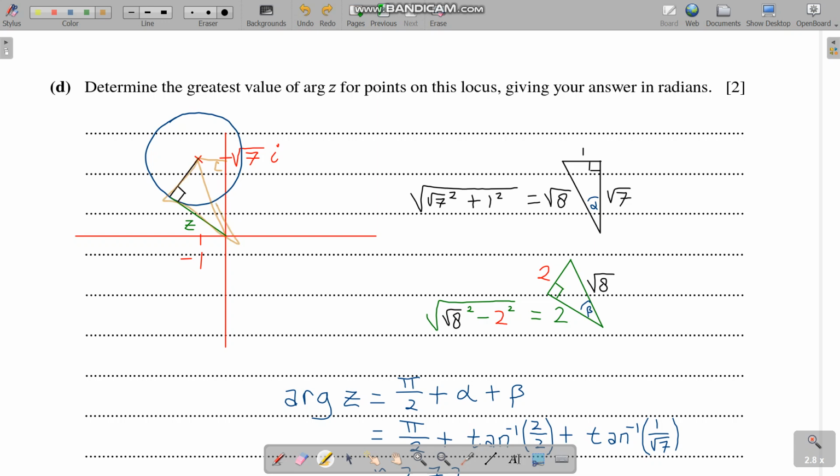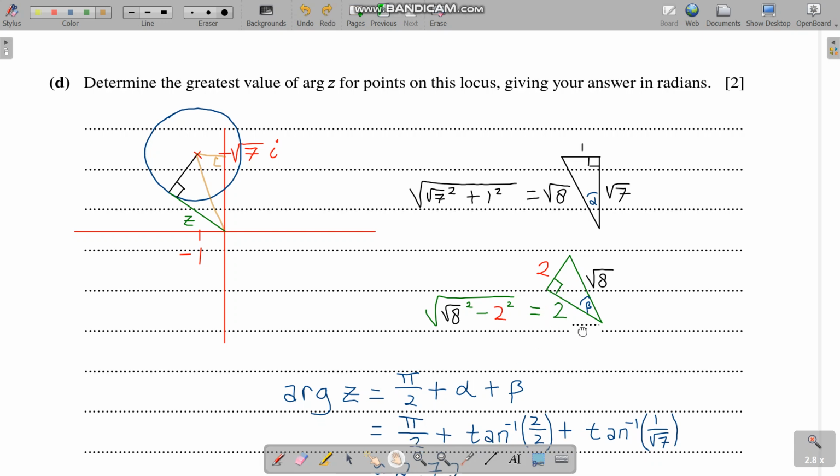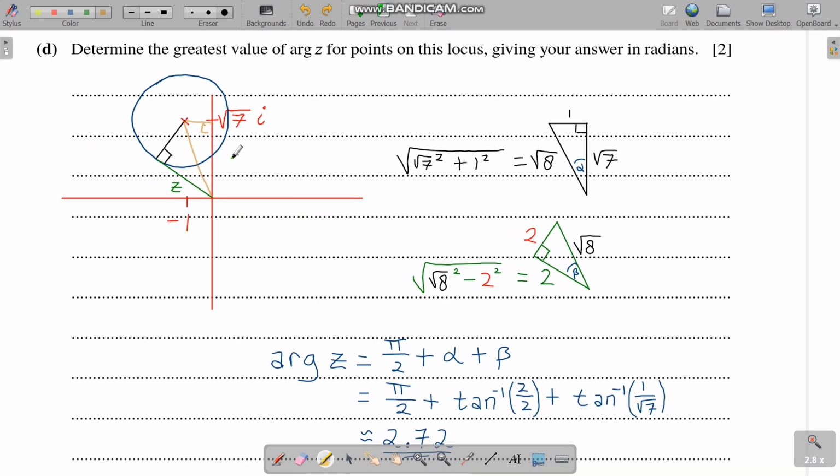Now if we look at this next triangle, we already know the radius of the circle is 2, and we already know that the hypotenuse, the common side here, is root 8. Using Pythagoras again, we can find the other side if we want to. Now what we need is the angle. I'm going to call these angles alpha and beta. To find the arg z, we use 90 degrees, but in radians, so pi over 2 plus alpha plus beta.